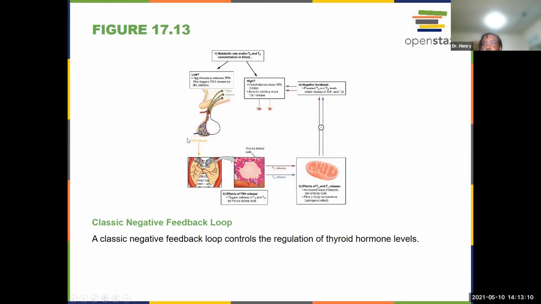Then that's going to stimulate the thyroid. The thyroid is then going to make more T3 and T4. So then T4 is going to increase the basal level of the metabolic rate of the body cells, and it's also going to cause a rise in temperature.